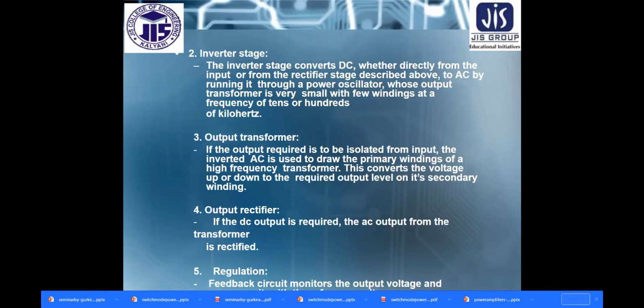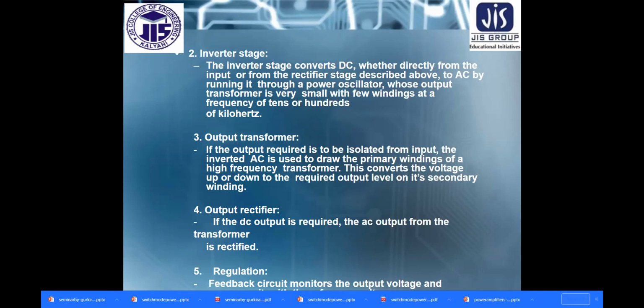Output transformer: if the output required is to be isolated from input, the inverted AC is used to drive the primary winding of a high frequency transformer. This converts the voltage up or down to the required output level on its secondary winding.